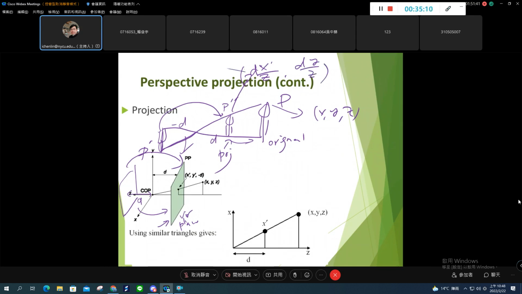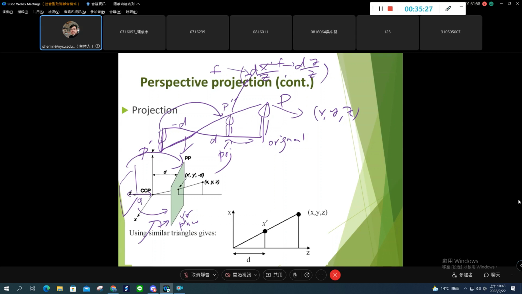So we can use f or d here, right? So through this kind of mirror or virtual planes, we can make our drawing or analysis simpler.